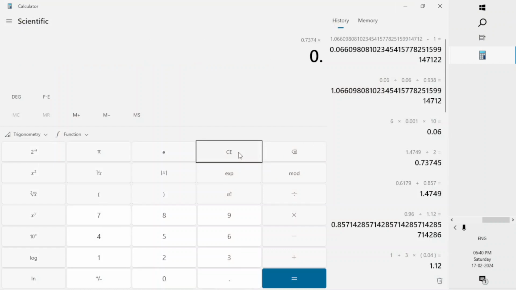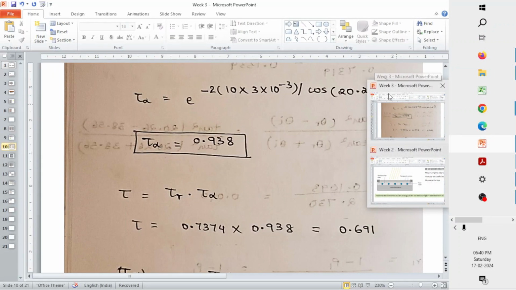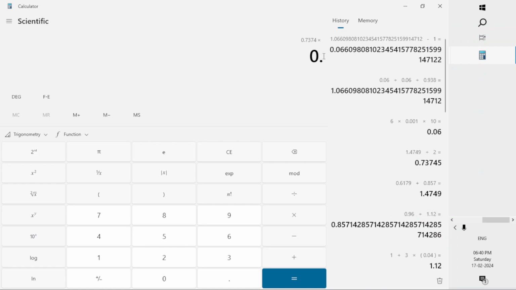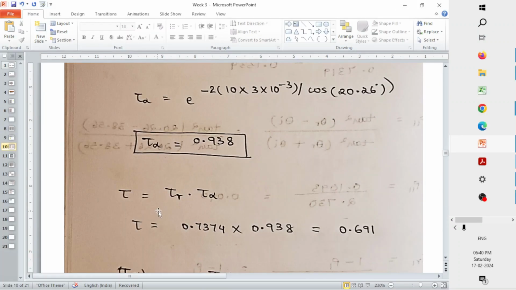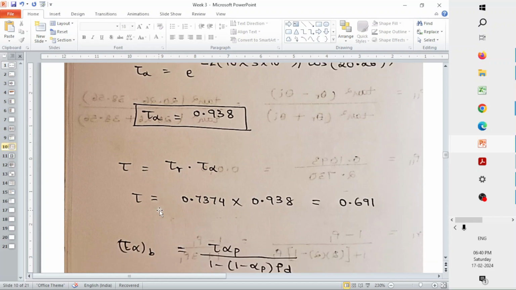0.7374 into 0.938 gives 0.691. So that is your transmissivity due to reflection, refraction, and absorption, all three together. Every time light falls on a glass cover, it undergoes all these three phenomena, so we have to take everything under consideration.